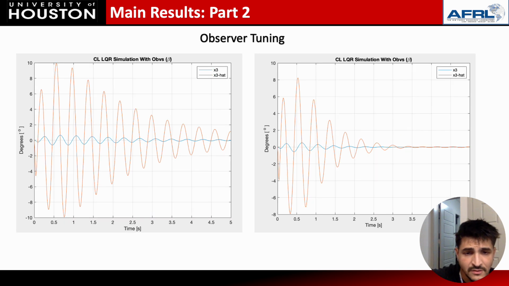The same thing can be seen for beta, where significant oscillations occur and the system doesn't go to steady state, versus the right, where the observer got tuned. There's a little bit of overshoot, but then the system goes to steady state again at around 3 seconds to 4 seconds, showing that the tuning of the system versus not tuning the system shows effectiveness, and also gain scheduling plays a part in how fast the system converges from the observed states to the true states.